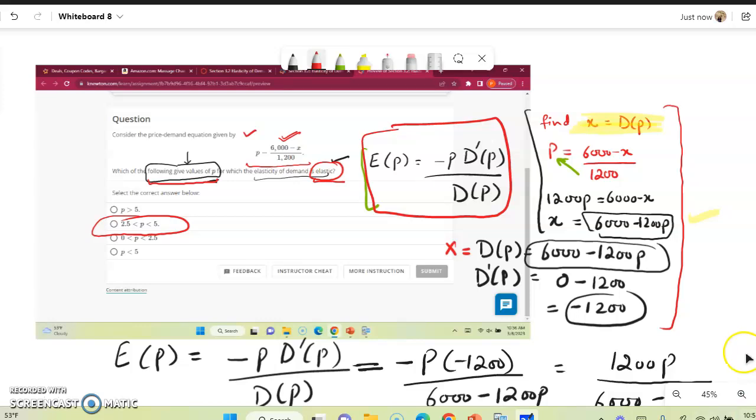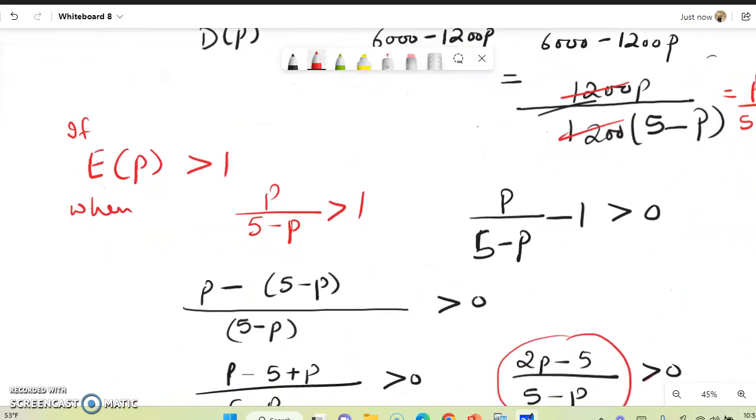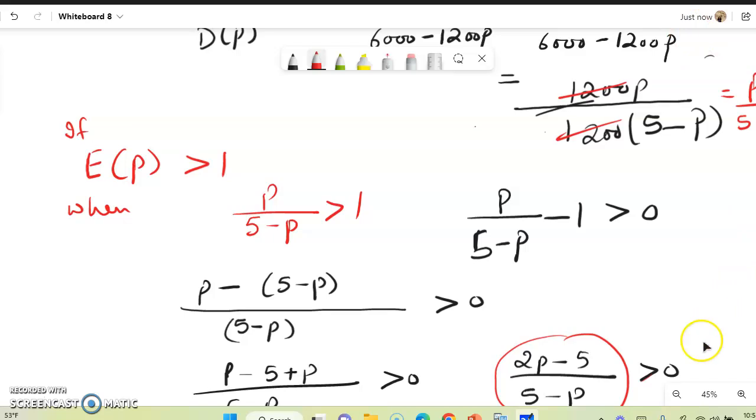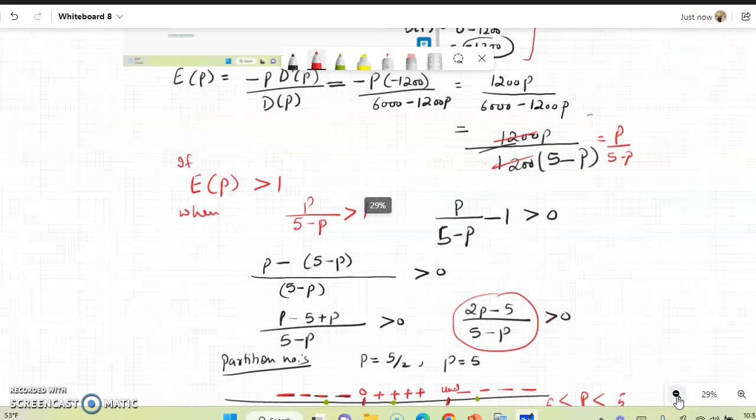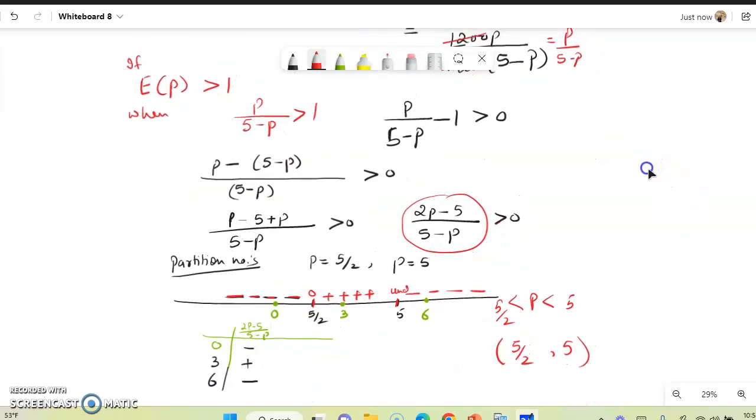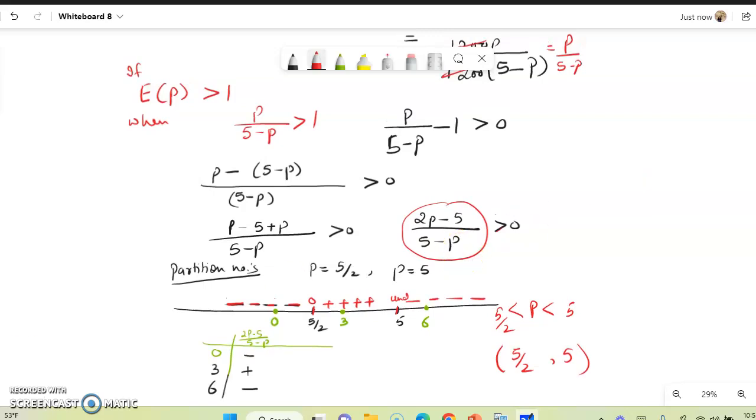When is it elastic? Meaning solve the inequality. So this question is bringing the whole thing together, the first chapter, the second chapter, and the third chapter. Okay, let me know if you have any questions.